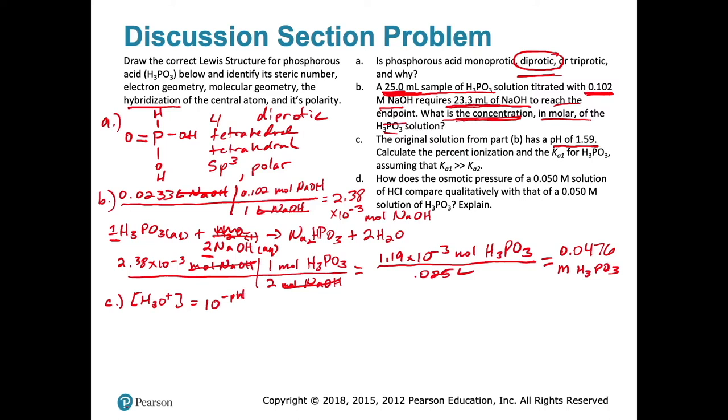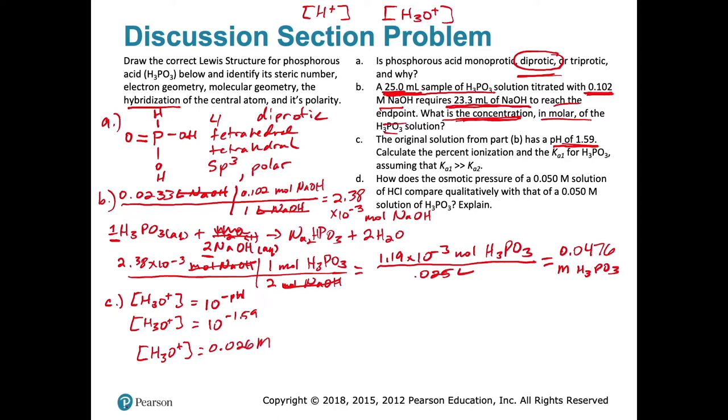You are given a pH right here, thank the Lord. So all you have to do is say hydronium ion concentration equals 10 to the negative 1.59. And the hydronium ion concentration should be, and somebody check my math here, 0.026 molar.